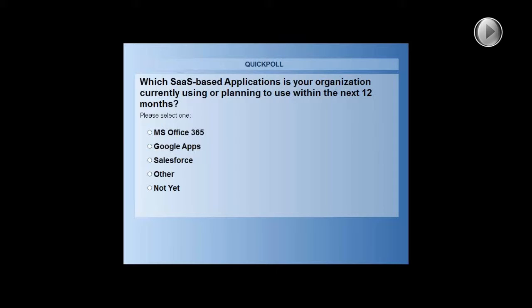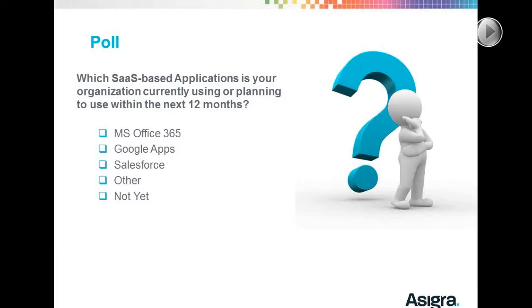If you haven't yet submitted your answer, please do so. Thank you very much, and I'm going to close that session and show you the results. So it looks like, William, we have 100% of our users on today's call that use Microsoft Office 365.